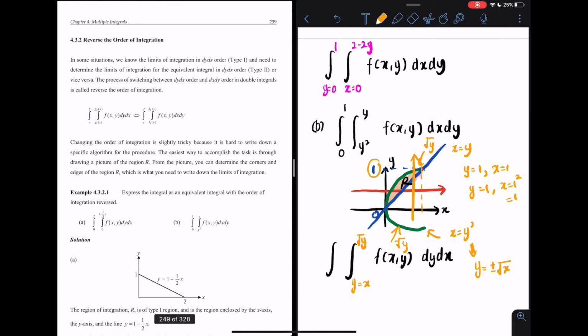Therefore, x travels from x is equal to 0 until x is equal to 1. So that's it. You don't have to solve the question, but you have to be able to rewrite it from type 1 to type 2 or from type 2 to type 1.